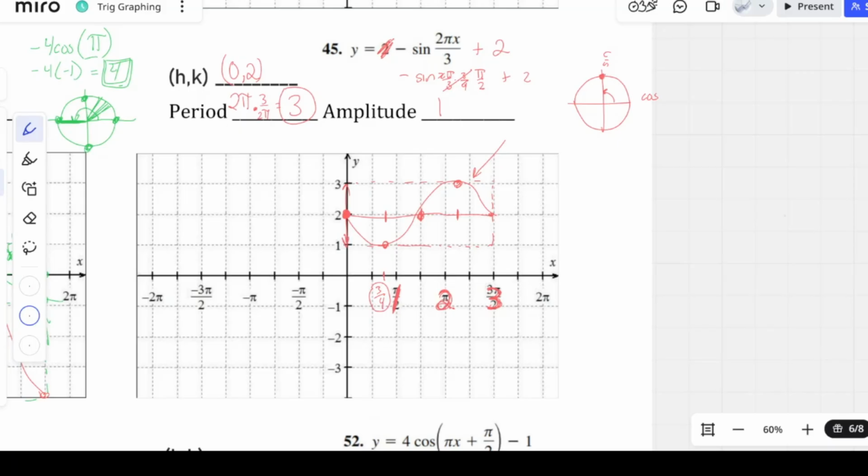So this whole thing turns into 1. Negative 1 plus 2 is 1. Okay, so that works. That makes me like 95% sure I'm correct. But if I want to make 100% sure, I would plug in another point.